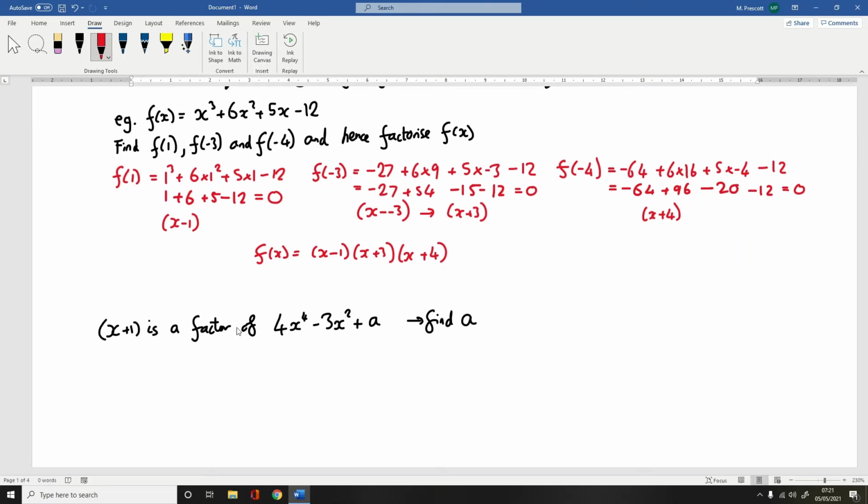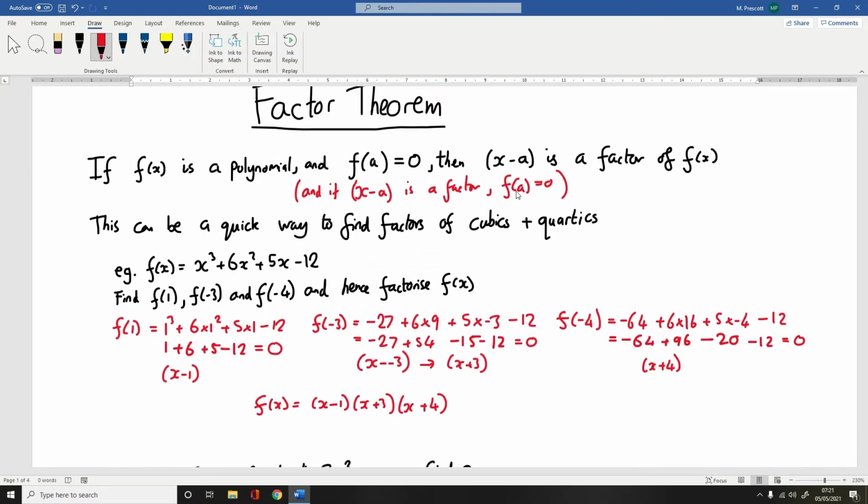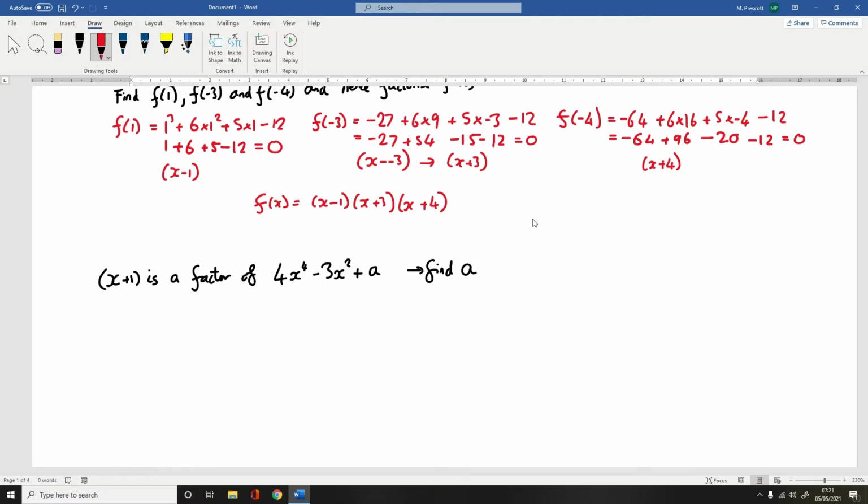We've got x plus 1 is a factor, and we want to use this to find the value of a. Okay, so this is using the reverse of factor theorem, which is if this is a factor, then f(a) is equal to 0. So again, we'd think about this as being x take away minus 1, and that would mean that f(-1) should equal 0.